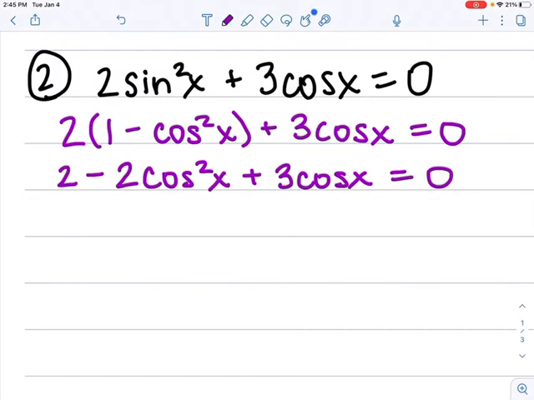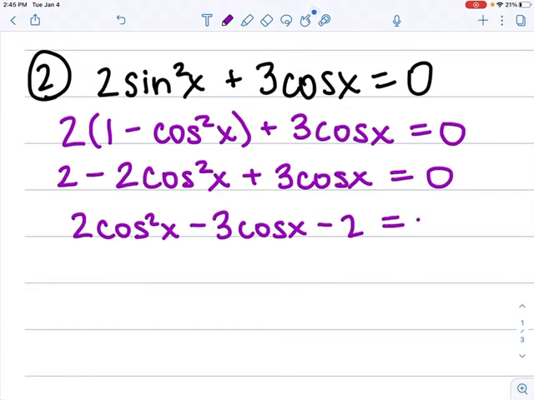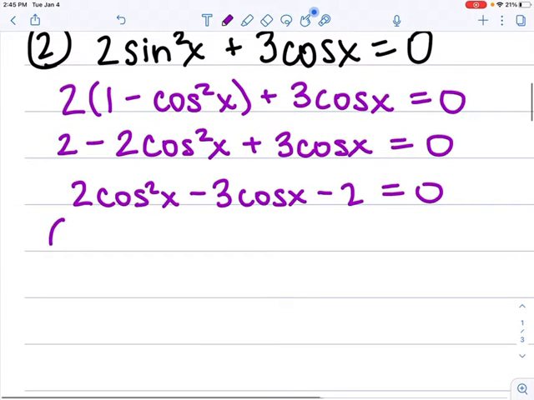Okay. Now, I need to rearrange this, and I really dislike having a leading coefficient that's negative. So I'm going to rearrange and multiply by -1 so that I can factor this equation.